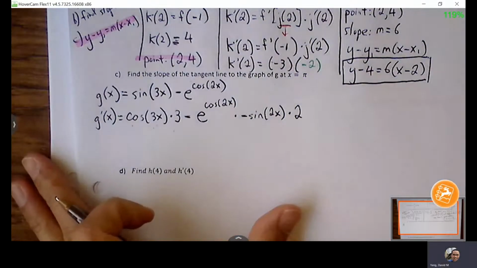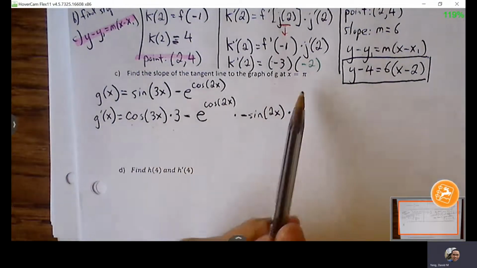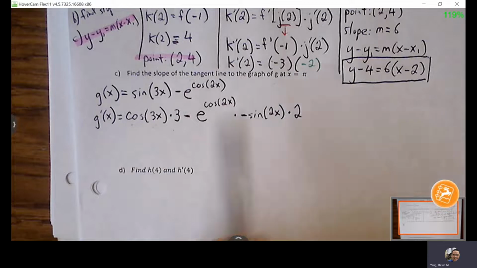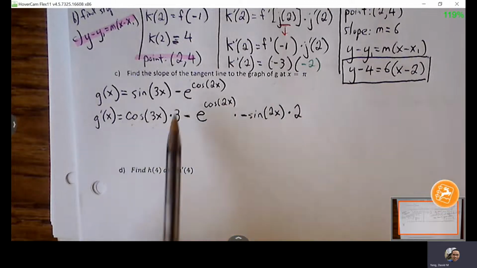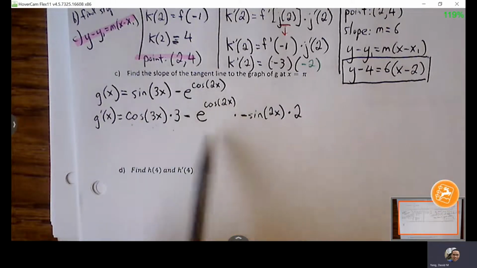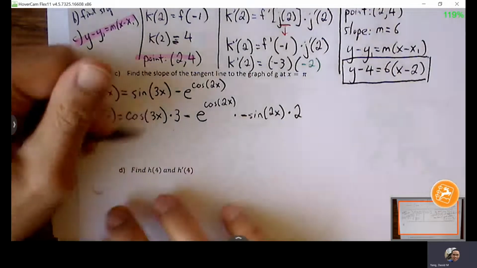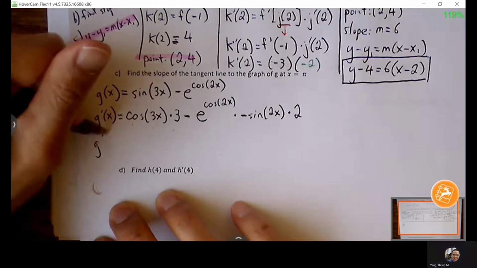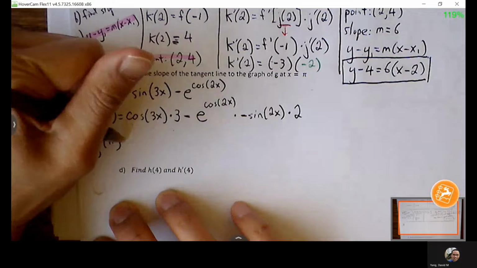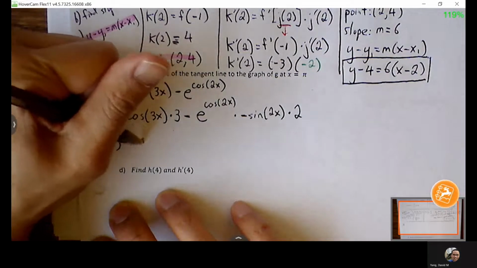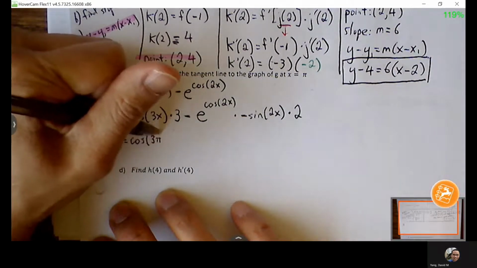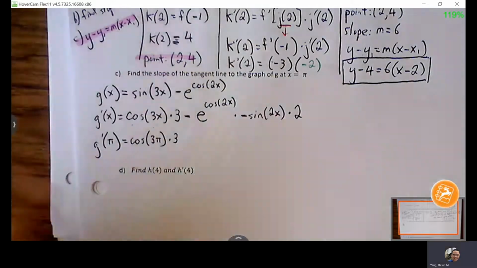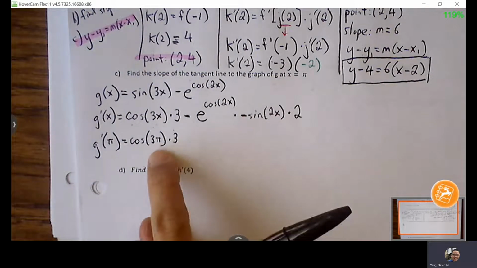Okay, it's a pretty messy derivative, but I think we're going to insert pi in for x and just see if we can use trig values to get it down to a more manageable answer. Okay, understand that this 3 is outside of 3 pi.